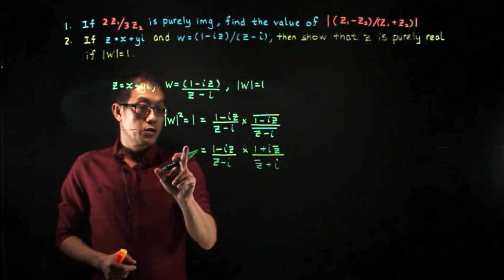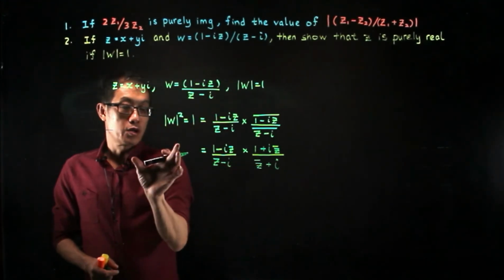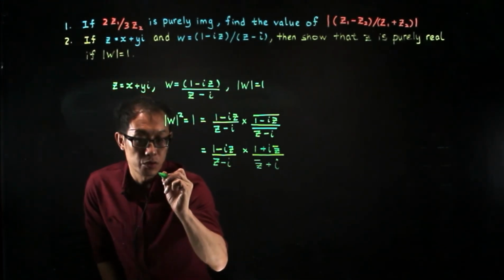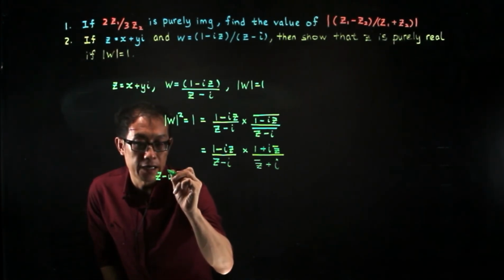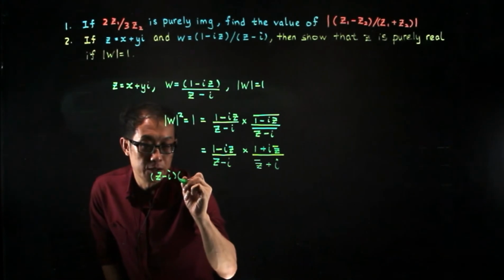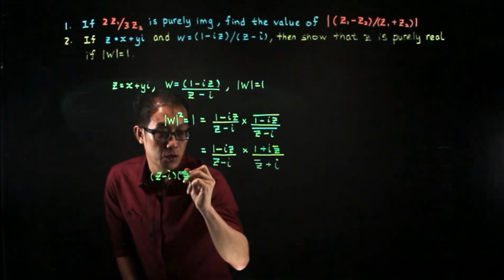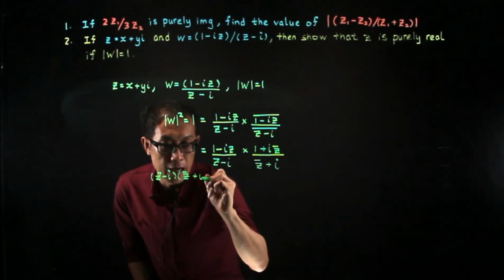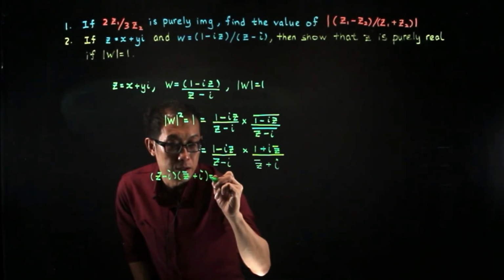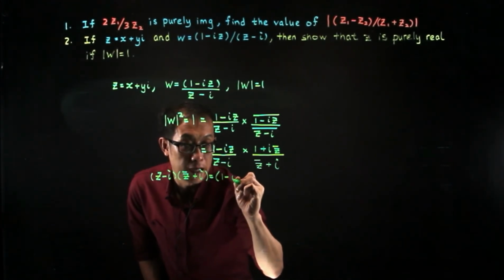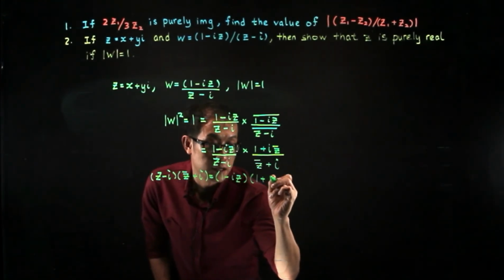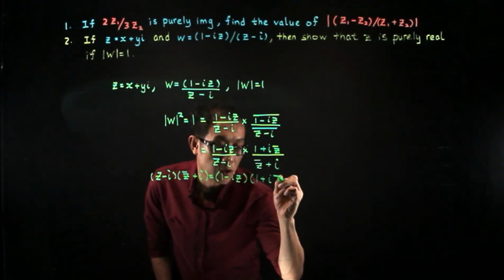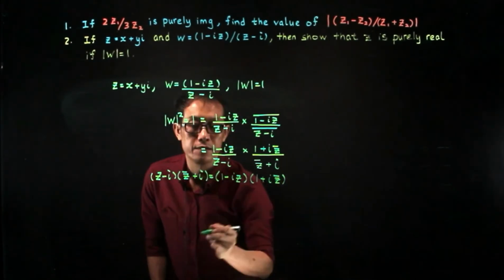Now this is equal to 1, so we can cross multiply. You get z minus i times the conjugate of z plus i, equal to 1 minus iz times 1 plus i conjugate of z.